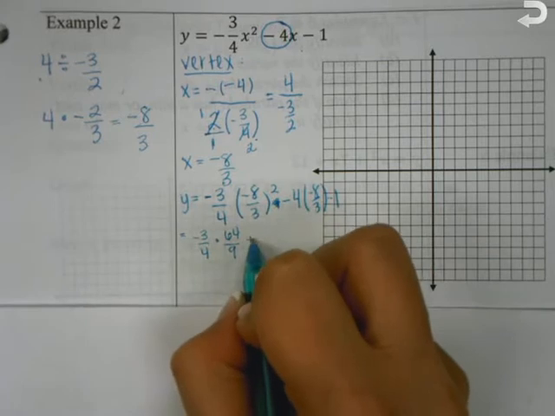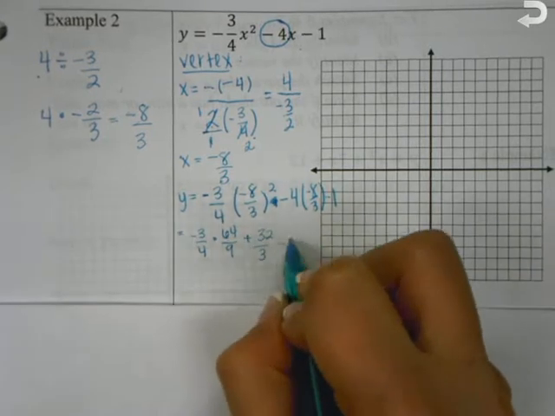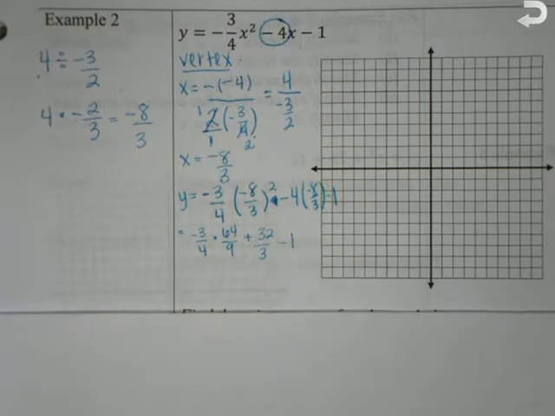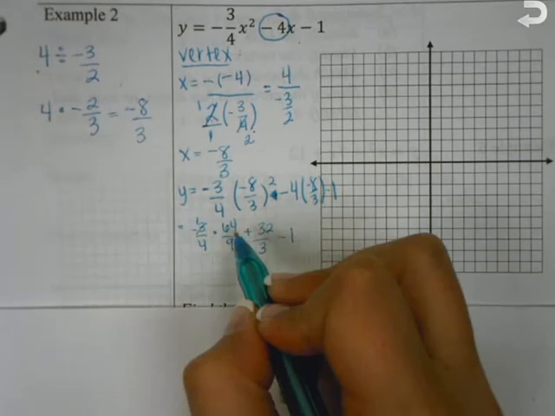Now we can cross-reduce before we go any further. So 3 goes into 3 once, and 3 goes into 9 3 times. 4 goes into 4 once, and 4 goes into 64 16 times.